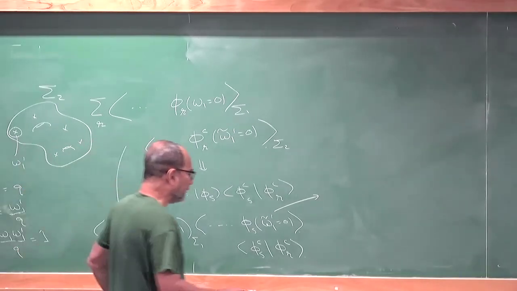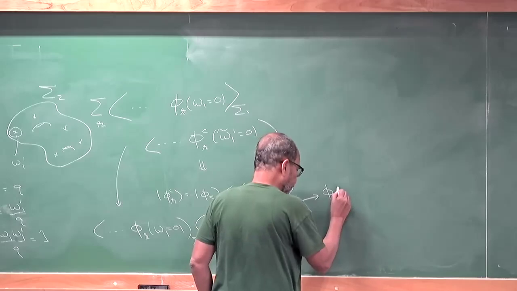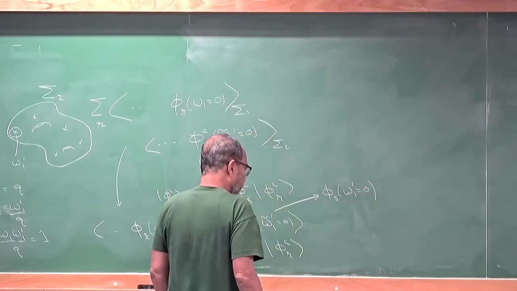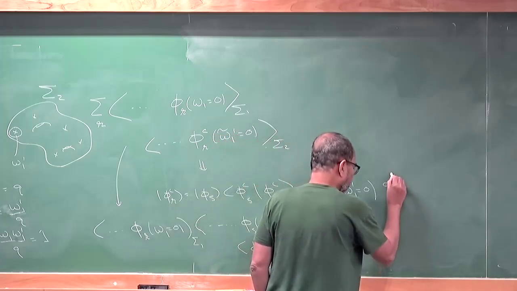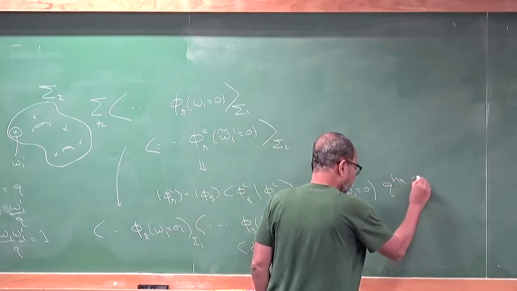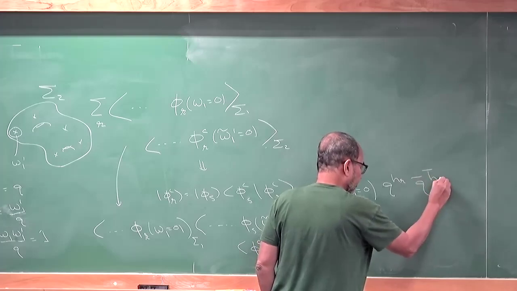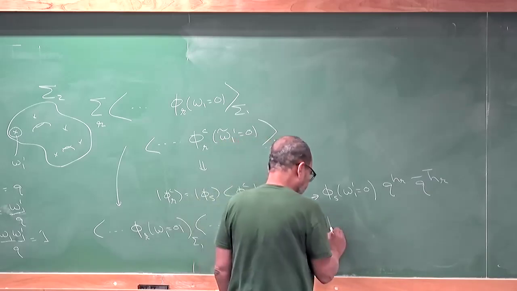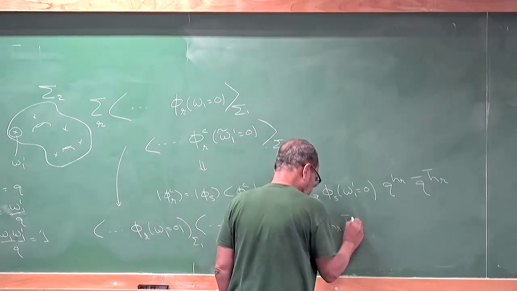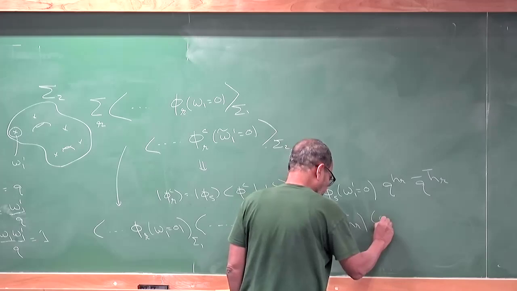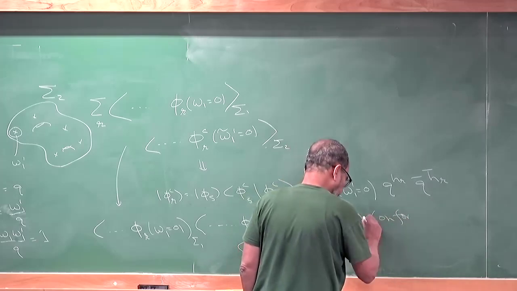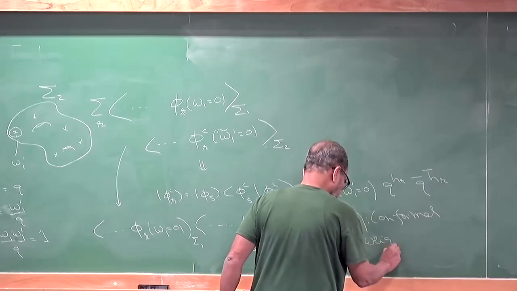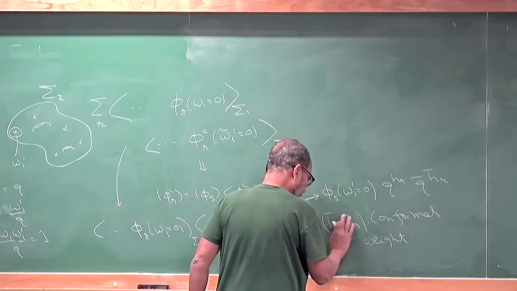So this I can write as phi S of W1 prime equal to 0 times Q to the HR, Q bar to the H bar R. Okay. HR, H bar R are conformal weights. I wrote it this way, right?